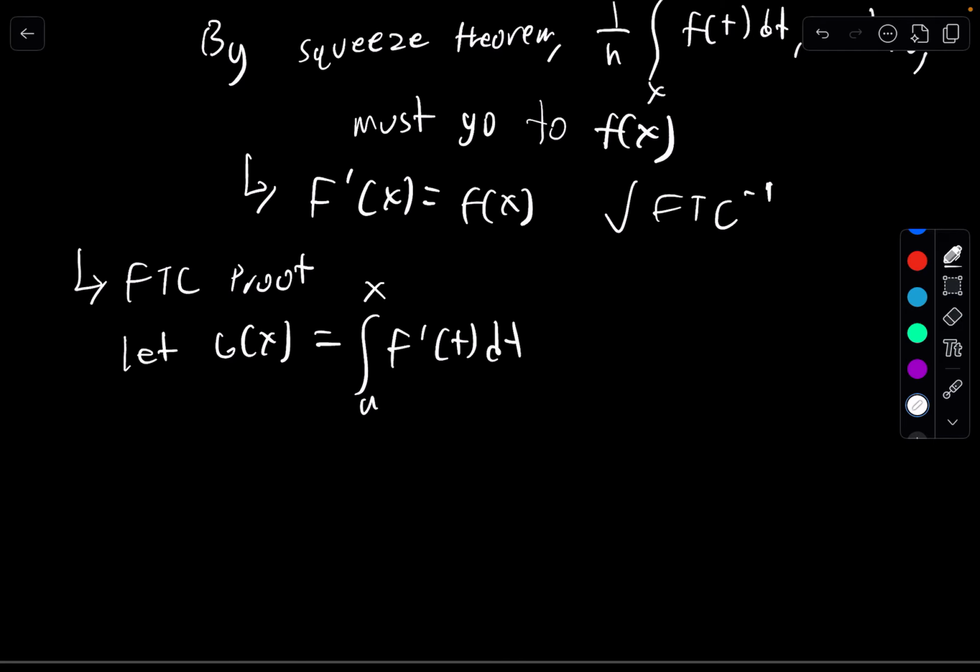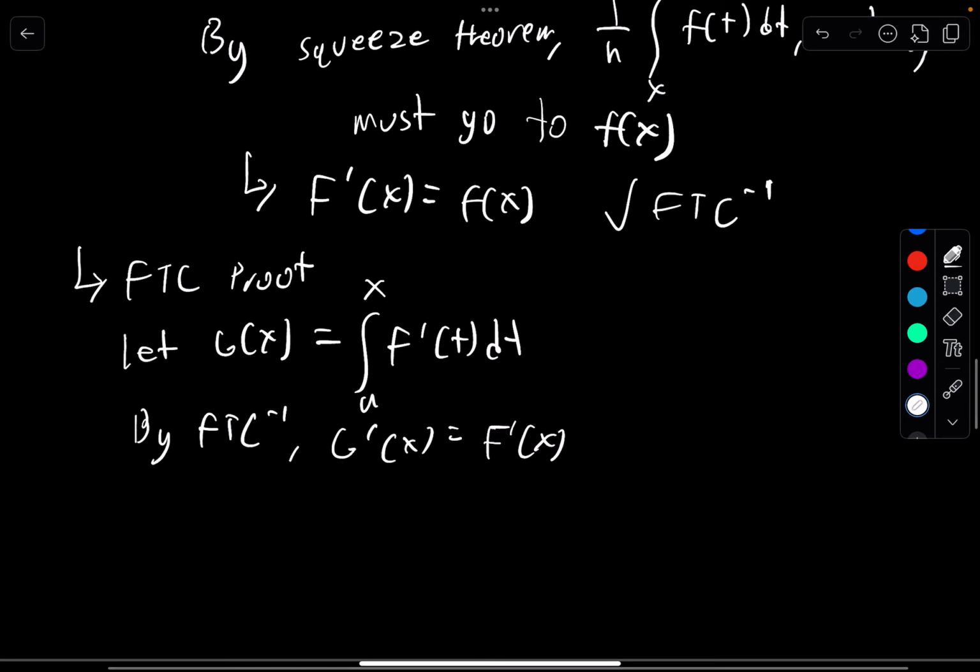So by the FTC inverse, we know that g prime of x is just f prime of x, or cap F prime of x more specifically. And we know that therefore these only differ by a constant.